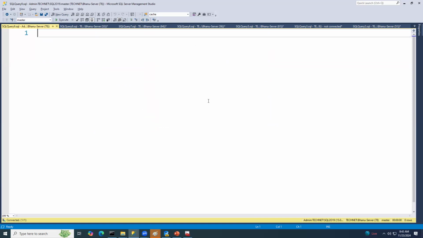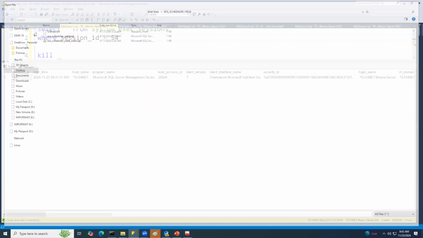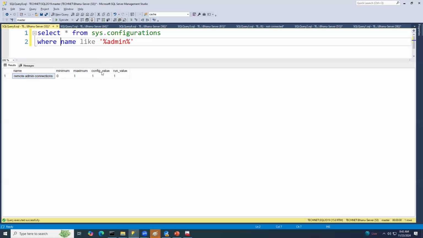Hmm. I think it is connected, right? Interestingly, failed to connect server admin. Okay.